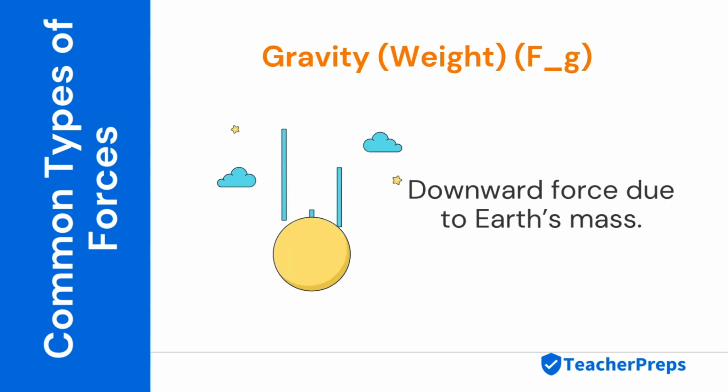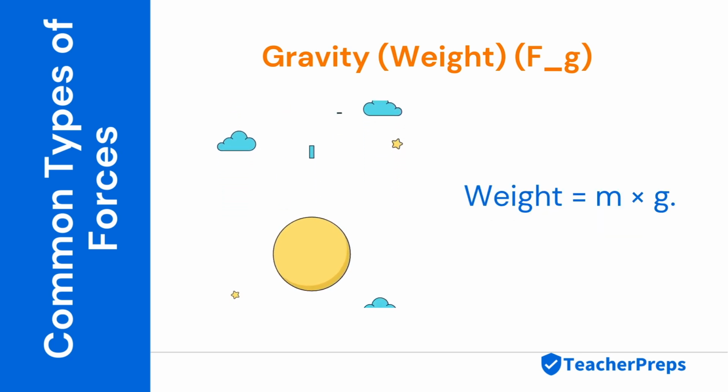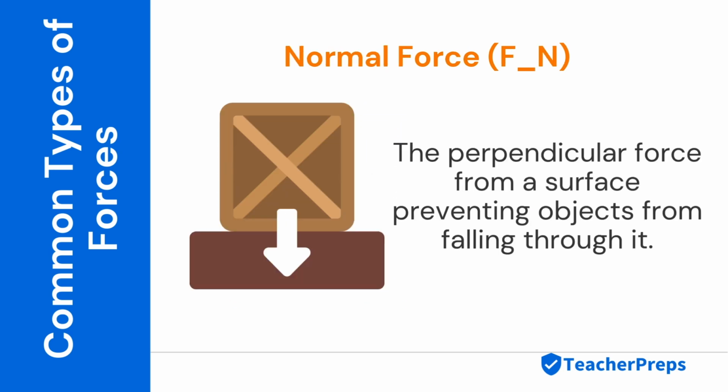Then we have gravity, which is the downward force due to Earth's mass. Keep in mind that the equation for gravity is weight equals m times g. Next up is normal force, which is the support force from a surface that stops objects from falling right through it.